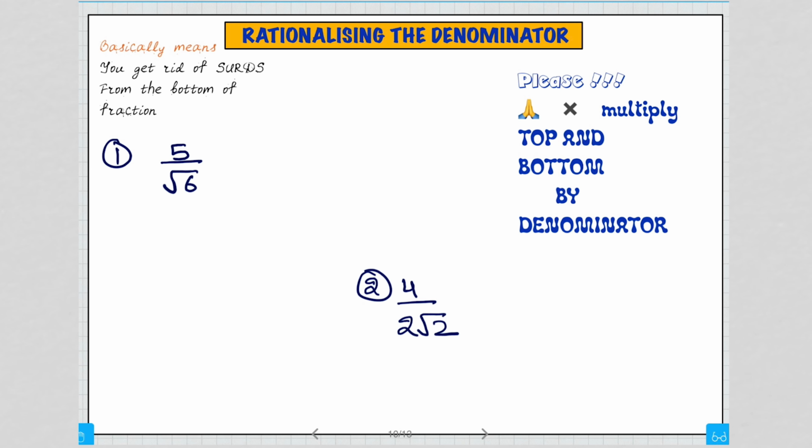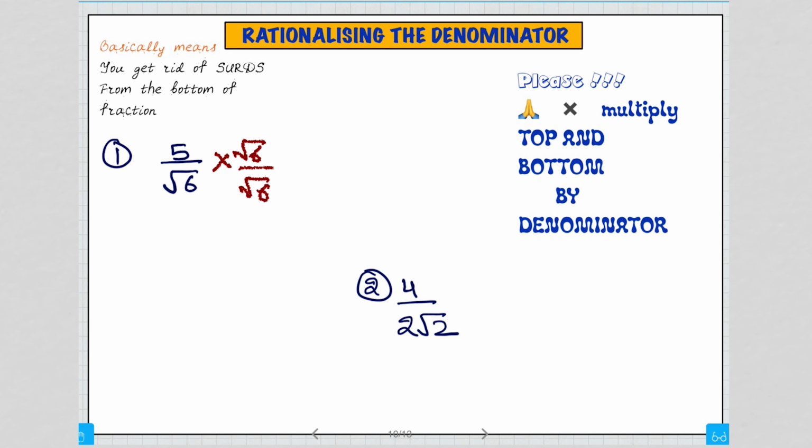In rationalizing the denominator, we times top and bottom with the denominator. So what I'm doing in this one is we times the top numerator and the denominator with this denominator part, root 6.